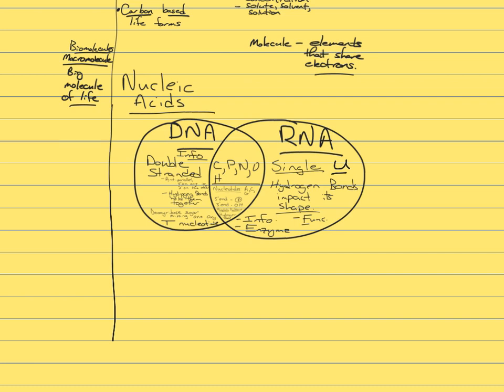Now, of course, with the bond, with DNA, you got A matches with T and G matches with C. I think that's pretty straightforward. RNA doesn't have a second strand, but RNA does match with DNA during RNA transcription, right?